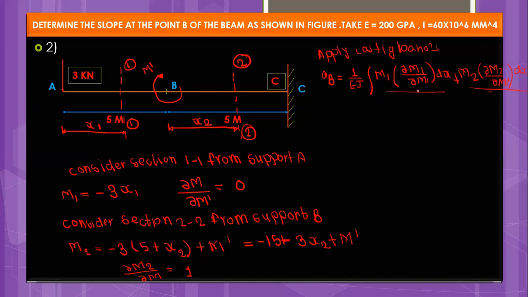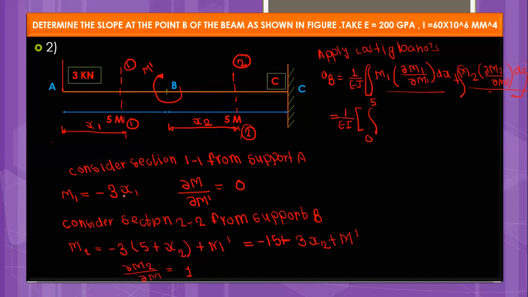EI we have taken common. This will also be an integration. Now for the first section, what will be the limit? This x1 starts from this point, so 0 to 5.